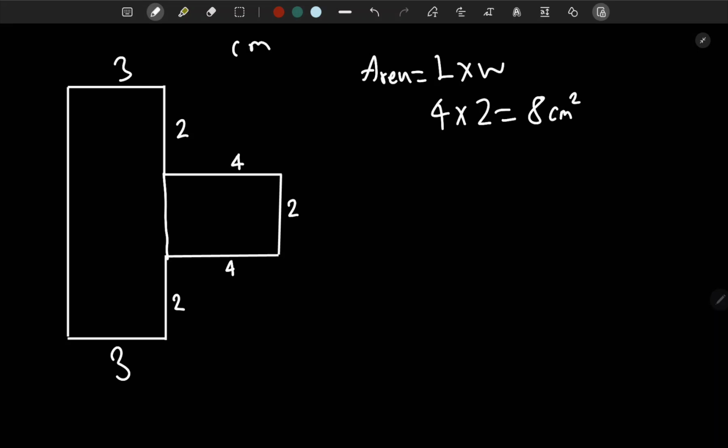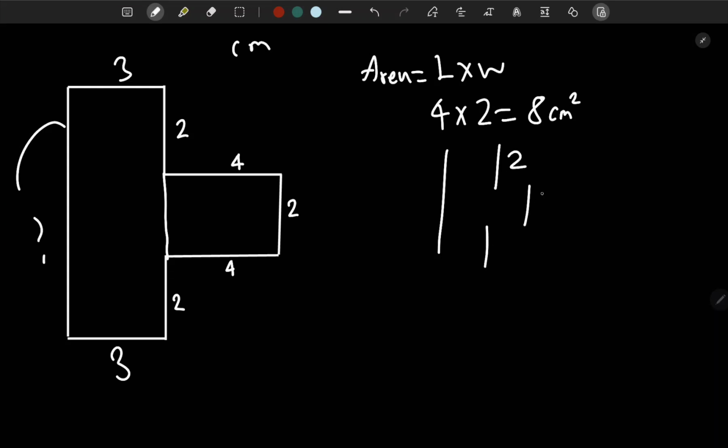Now how do we find the area of the second rectangle over here? We are given the width, but how are we supposed to find the length of this side? We know that this side is 2, this is 2 over here, and this is 2. If we add all of them up, we will get this side, right?